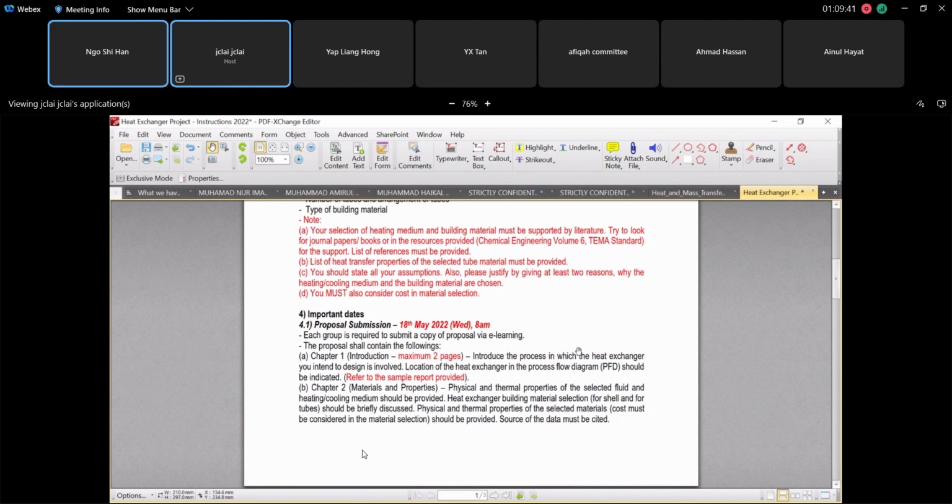Because we want to see what process you choose. If you just cut that part out, we cannot see what the process is. We want to know the whole process, and which part of the process the heat exchanger you wish to design is in. Okay, understand.